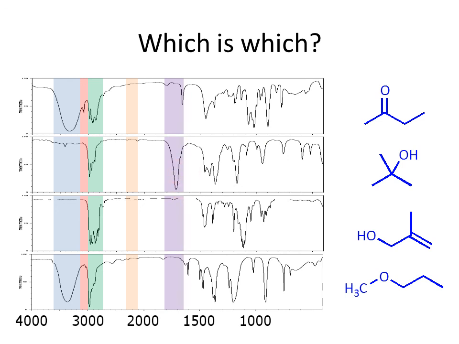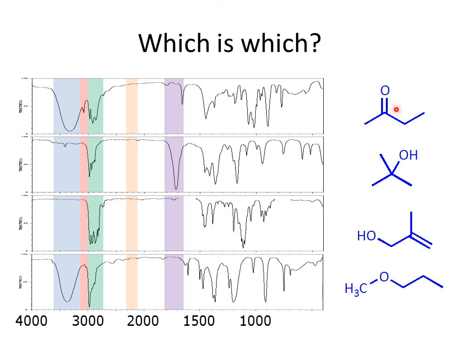All right, let's put this together. This first one we agreed had an OH and an sp2 CH, so that's got to be this. This bottom one's got an OH, but no alkene CHs, so that's got to be this. So I've accounted for this one and this one. This second molecule has a CO double bond, and the third molecule does not.